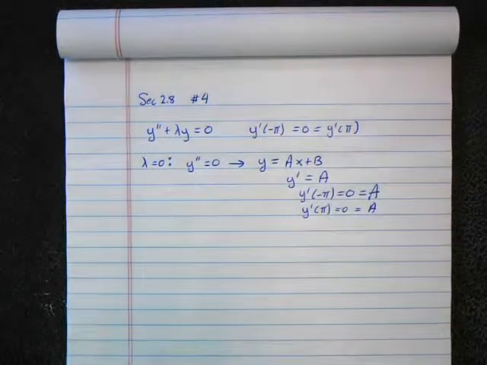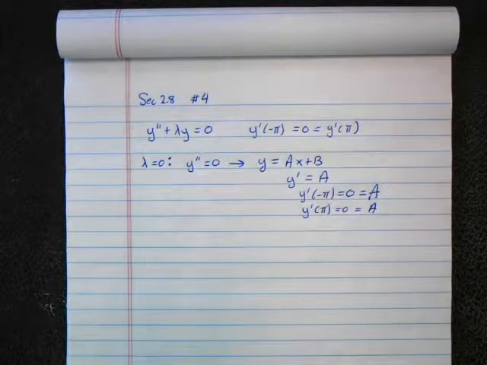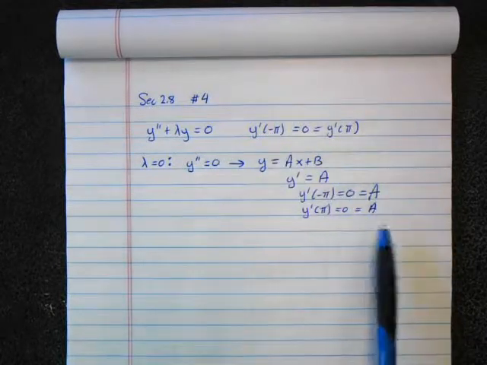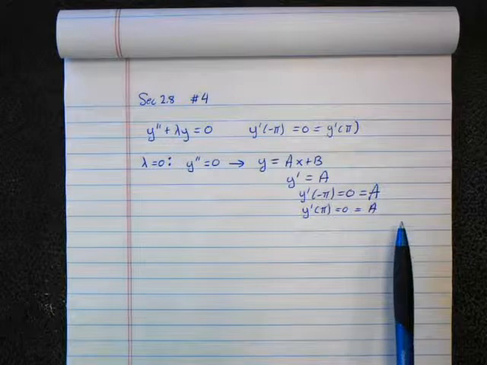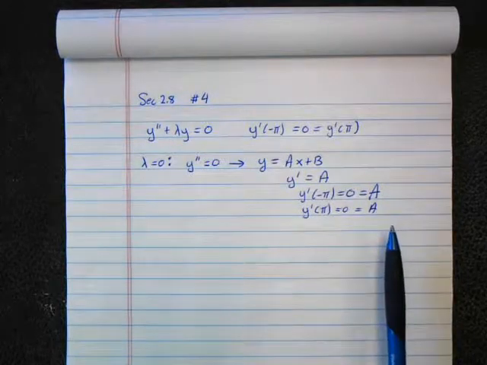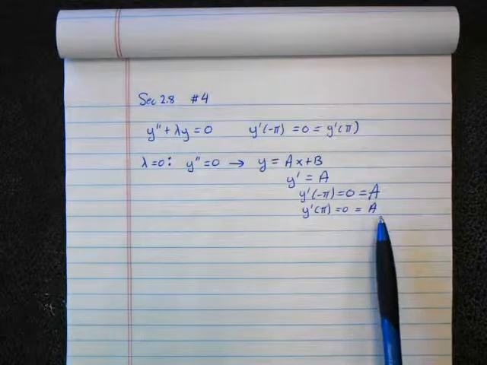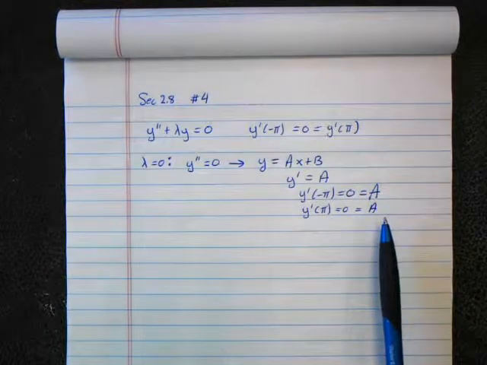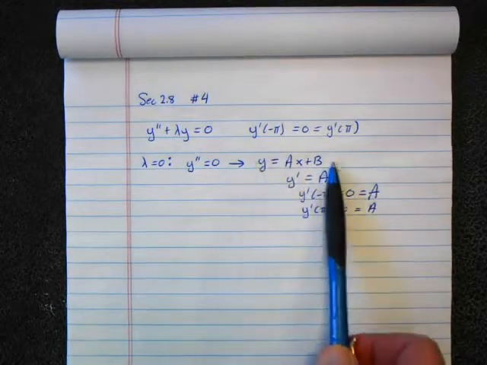So we're very convinced that a has to be the number 0. What about b? Our initial conditions don't force b to be 0. Do we want b to be 0? No, we would like b to be anything but 0. Why would we want b to be anything but 0? Then it would be a non-trivial solution.